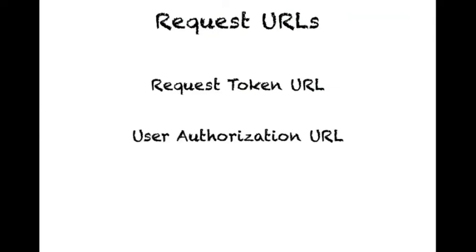The user authorization URL is the URL wherein the unauthorized request token is passed on by the consumer for user authentication. Next is the access token URL. It's the URL wherein the authorized request token is passed on to the service provider, and the request token will then be processed, and the provider will respond with an access token.